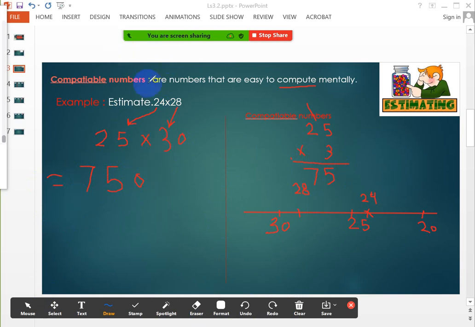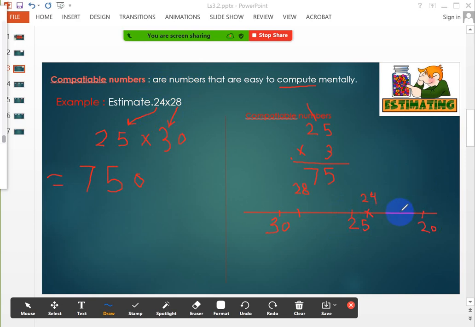Now, if I want to use compatible numbers to find the estimate here: compatible numbers are numbers that are easy to compute, that means easy to calculate. The operation here is multiplication. So I want to find two numbers that I can multiply using my mind. What is the closest number to 24? According to the number line, 24 lies between 20 and 25.